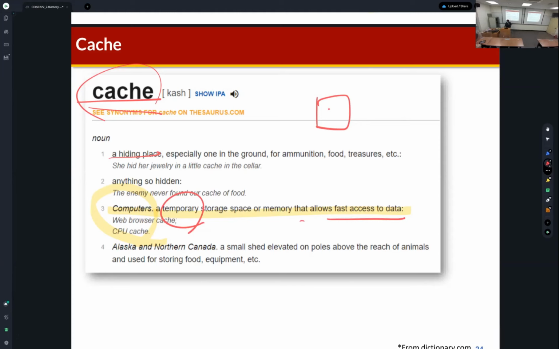That is the purpose of cache. Why do we use cache? To increase the performance of the memory system, which means to increase the performance of the computer system. We use the cache, a temporary memory space.